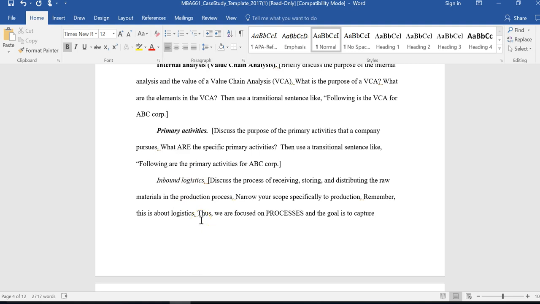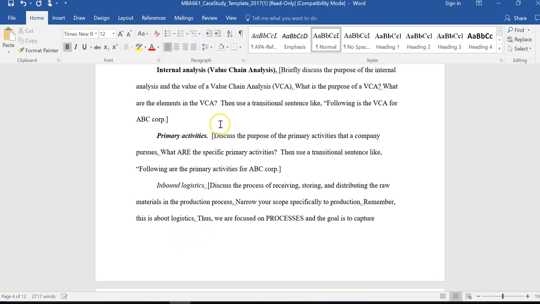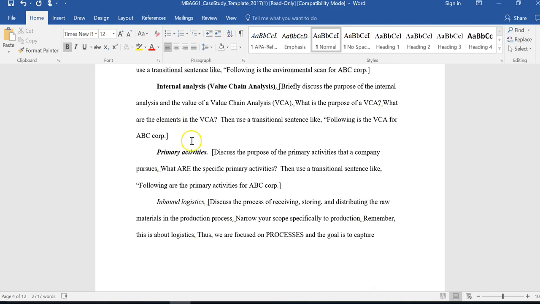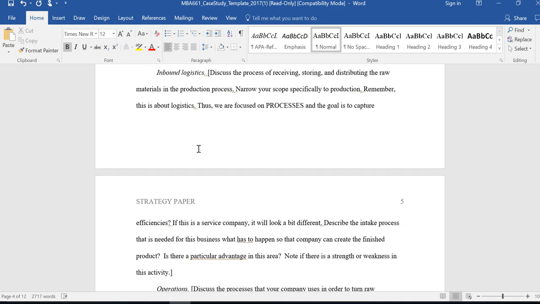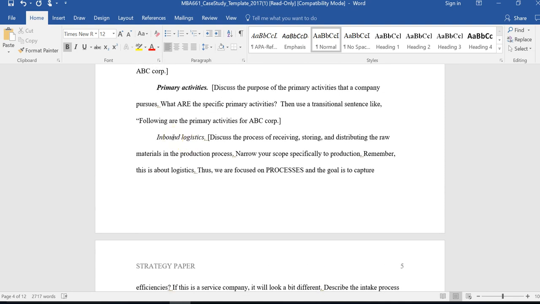One of the things I'll talk to you about here, because it's a little quirky, is if you're dealing with a service organization. The value chain is kind of built on a manufacturing business, but sometimes you're dealing with a service business. So when we're talking about inbound logistics, where it normally would be talking about the management of inbound materials, how to get them to your company, inventory management and that kind of thing, with a service industry we are concerned with the intake process for your company.